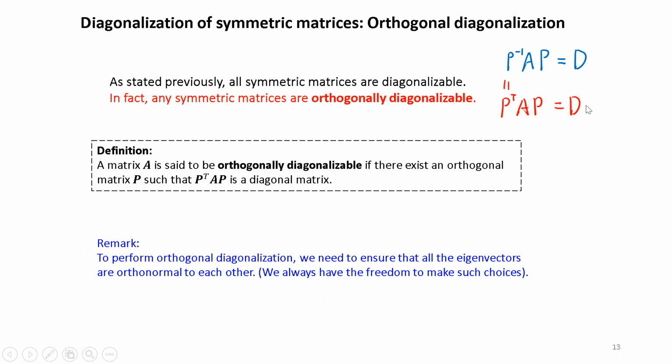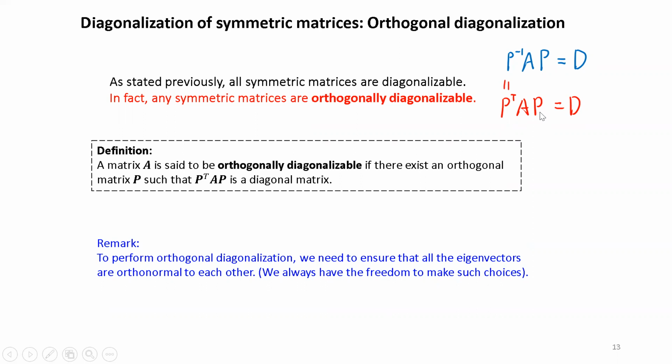We have the name orthogonal because if P inverse equals P transpose, then P is an orthogonal matrix. That means A can be diagonalized using an orthogonal matrix P.